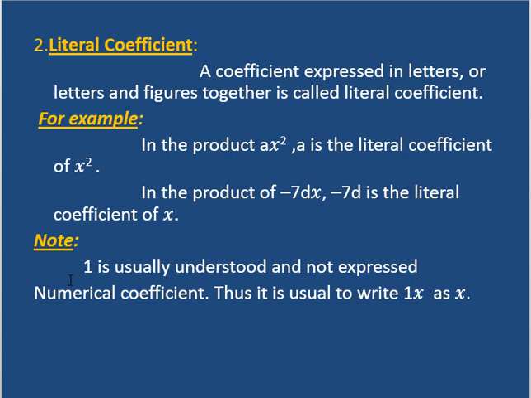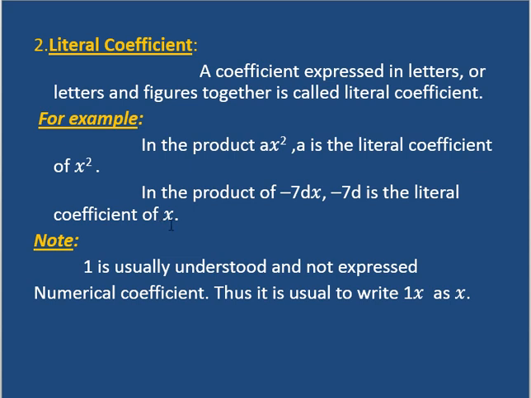Note, 1 is usually understood and not expressed as numerical coefficient. Thus, it is usual to write 1x as x. Students, in the case of x, we don't have any coefficient here, so it is understood we have 1.